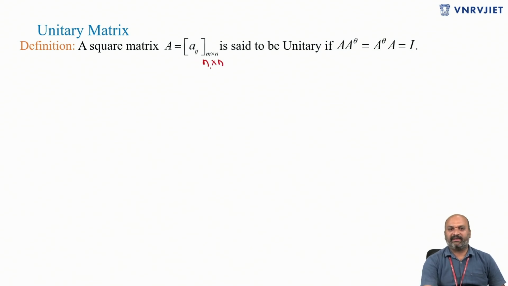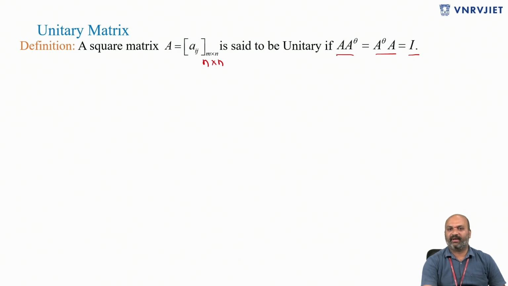A square matrix A is said to be a unitary matrix if A into A theta equals A theta into A equals I. That means the product of the given matrix and its transposed conjugate equals the product of the transposed conjugate of A and the given matrix, which equals the identity matrix of the same order. If this holds, we can say the matrix A is a unitary matrix.